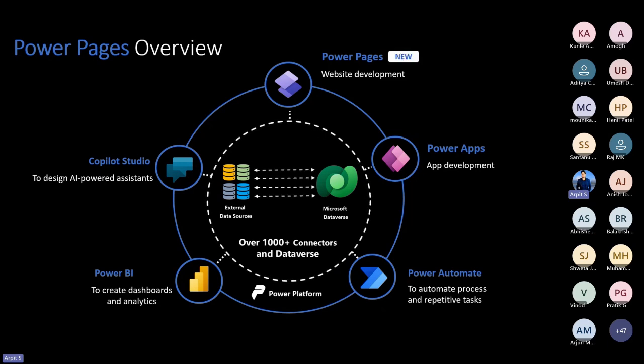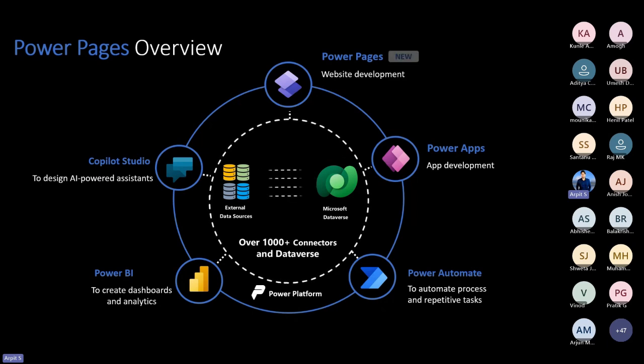Power Automate also allows you to connect with 1000 plus connectors, and they keep on increasing. Copilot Studio can also use the Dataverse plus many other connectors to pull and push the data. So basically, there are only two components, and except for those, other components can use the other data sources. Okay, so that is very important.